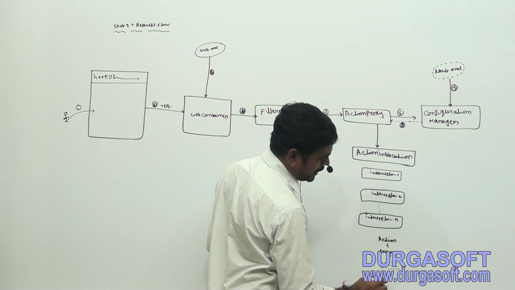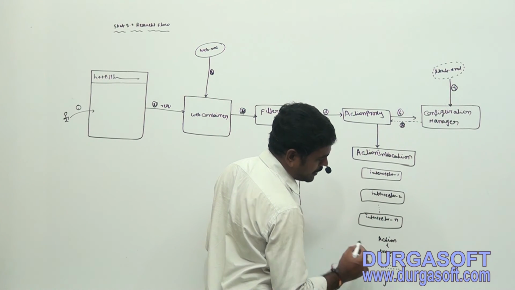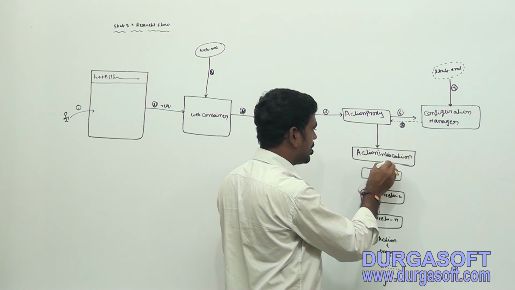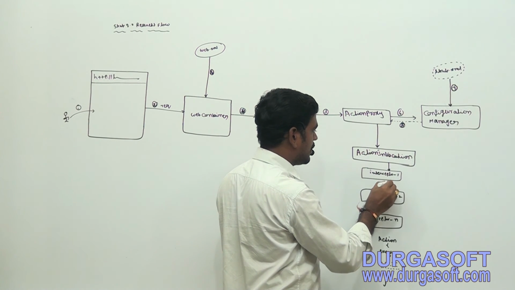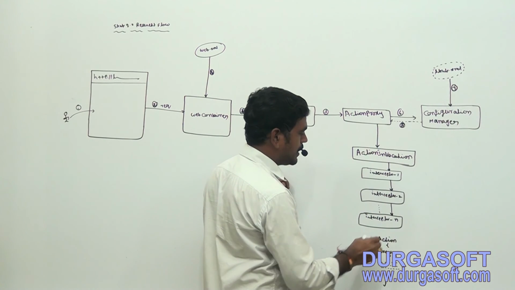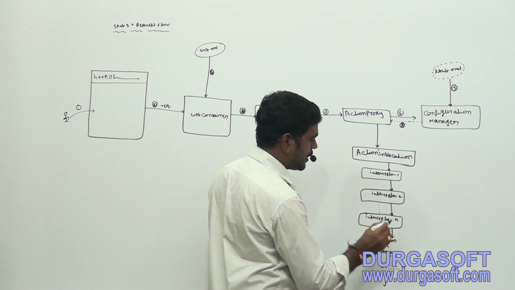Close the execute method, close the action class. This is the way the action class is activated, and finally this action class is executed.